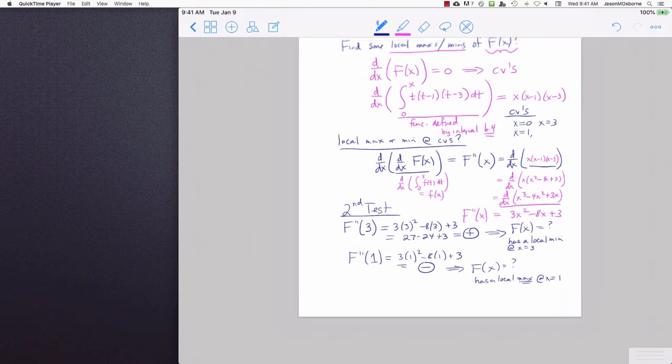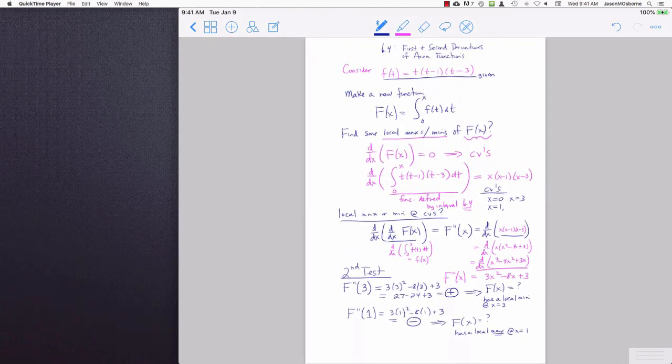Okay? This may be somewhat of an unsatisfying answer because we have determined that a function has a local maximum or a minimum, but we don't know what that function is or what it looks like.